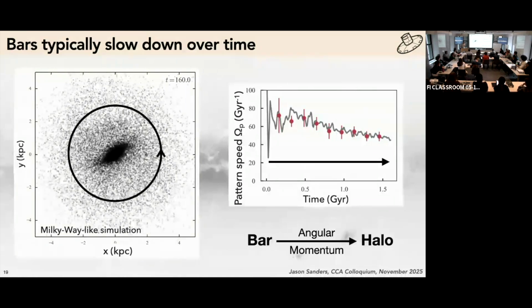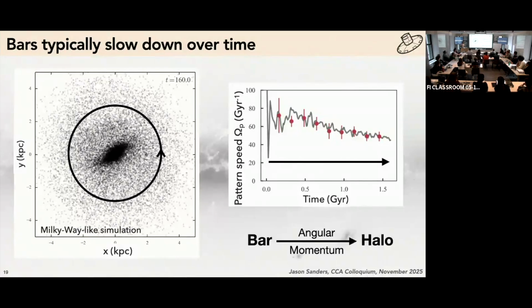And this is important for understanding the structure of the galaxy as a whole, because there are certain orbits in and around the bar that have these special resonant properties. So the orbital frequency, the rate at which the star is going around the galaxy, nicely coincides with the rotation rate of the bar.